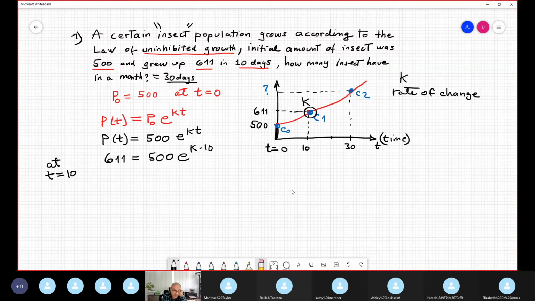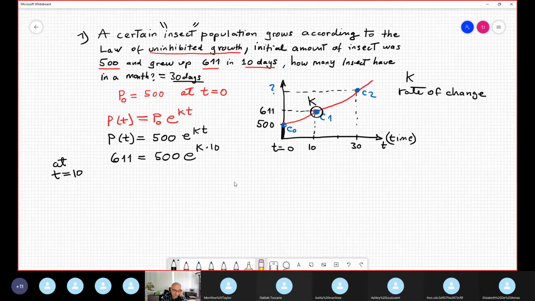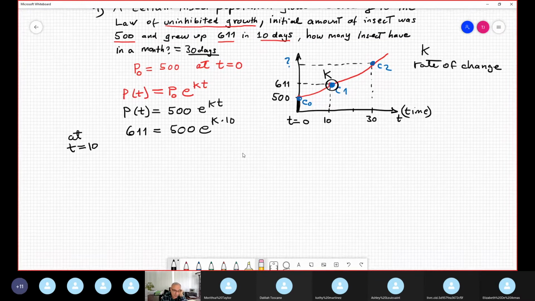Let's do it. This is an exponential equation, but it's easy. Look, I divide both sides by 500. We have 611 over 500 equal to the exponential. I want to change the order here. I put 10k, it's the same because it's multiplication.